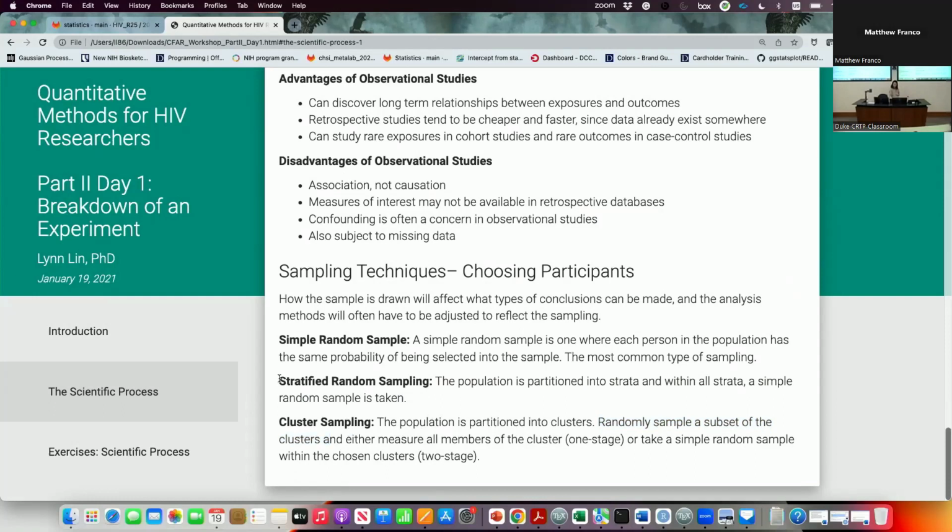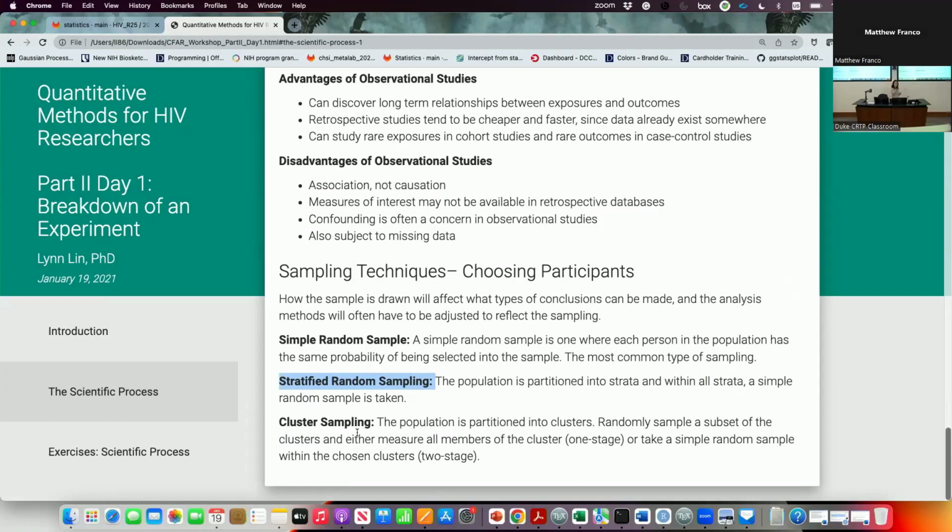So can you think about in which scenarios stratified random sampling is preferred over cluster sampling, and vice versa, given the definitions and the differences between these two? Obviously, the similarity is that both of them partition the population into different groups. It's just how they perform the random sample that is different.